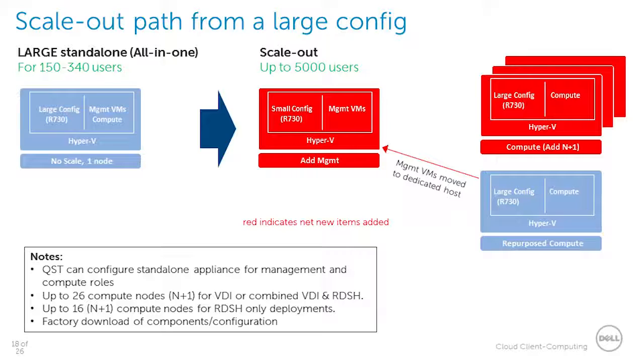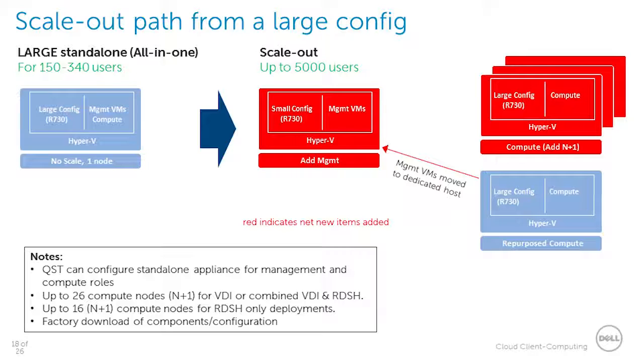Either way, all the components, the System Center media, the base image for your infrastructure machines, for your Citrix controllers, all that ISO file is stored directly on the server as it comes from the factory. So there's no need to worry about downloading anything because it's all natively there. It makes the deployment extremely fast, in a matter of hours as opposed to days, to scale up from a couple hundred to a couple thousand.